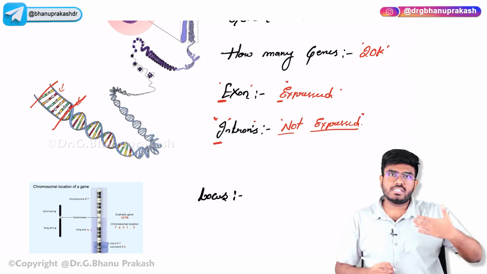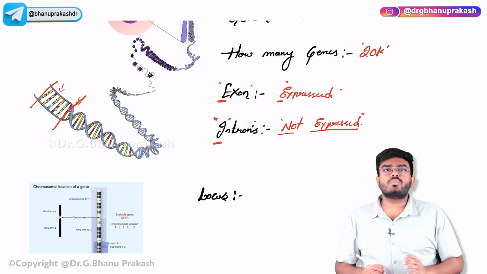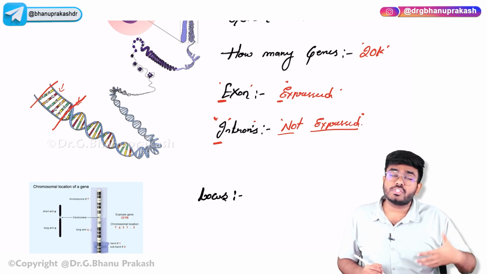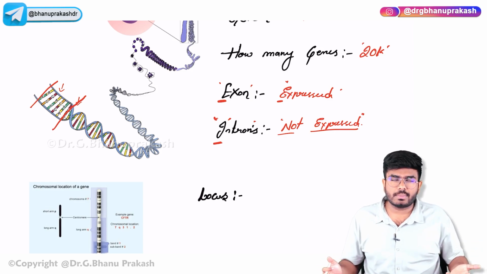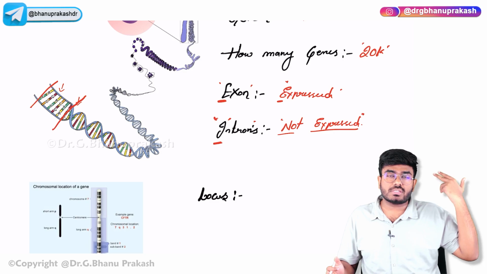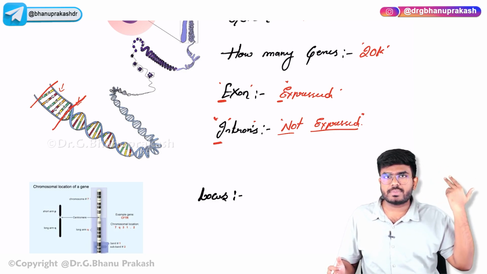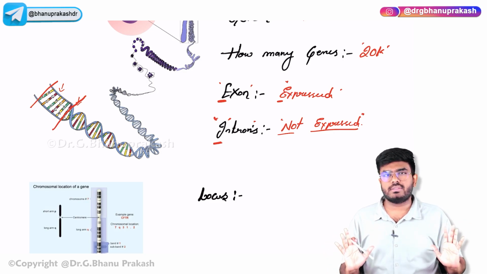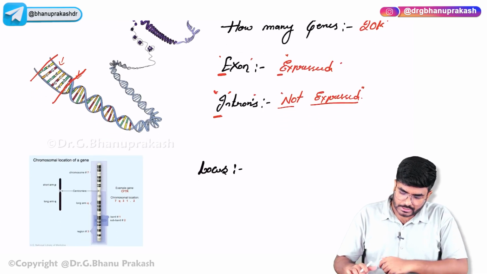So exons are genes which are expressed, introns are the genes which are not expressed. We have lots and lots of genes which are not expressed, they are just silent. Maybe they were working in the evolutionary process, 10,000, 20,000, 30,000 years back, but right now they are not working, they are simply silent. So they are called introns, which are not expressed.